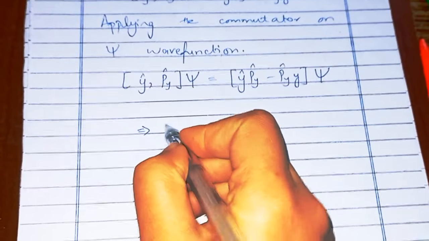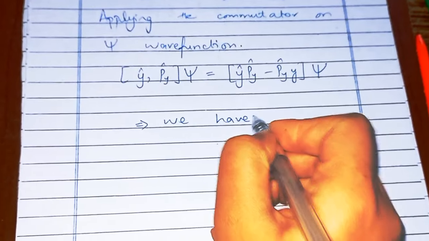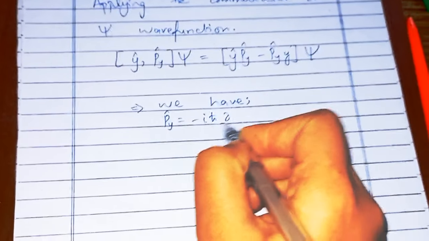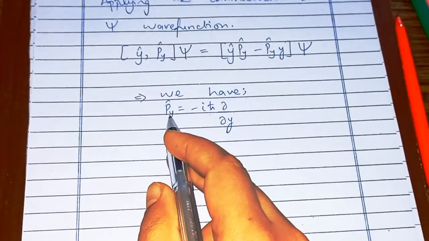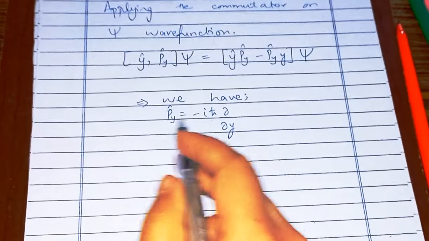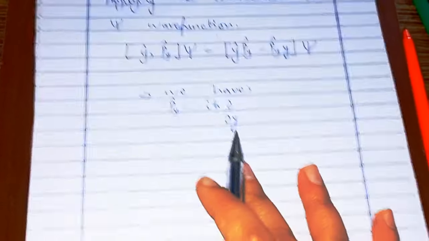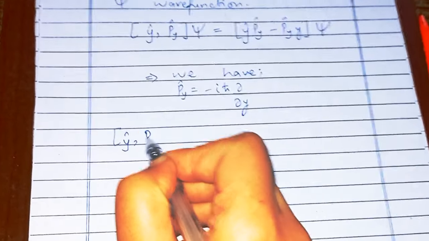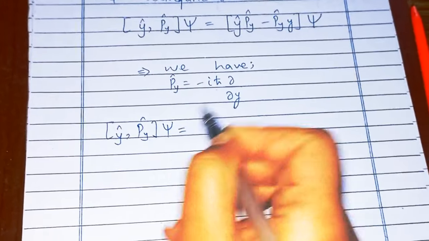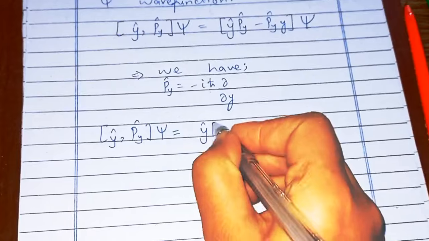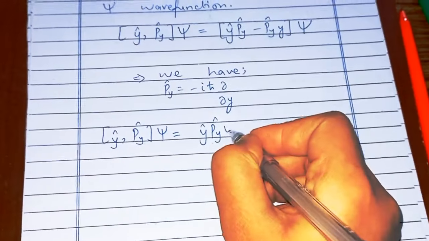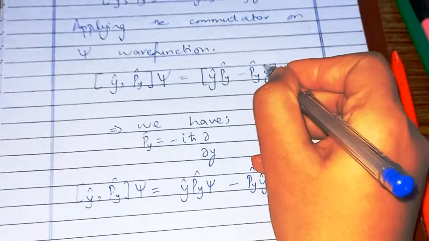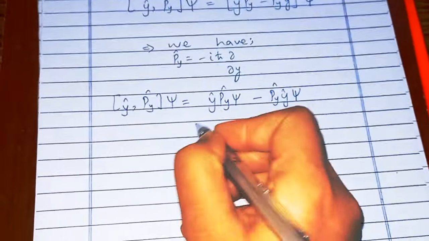And we have the py operator equal to minus iota h cut partial by partial y this time. If it's y, there will be y here. If it's x, it will be x here, and so on. Let's do that. Y operator, py operator, let's multiply psi first inside, so it's psi with this quantity and psi with this quantity as well.